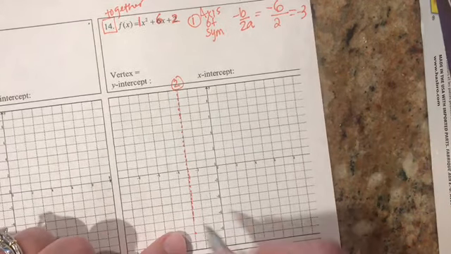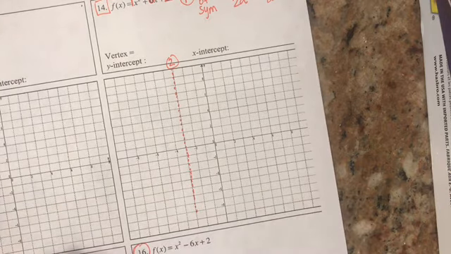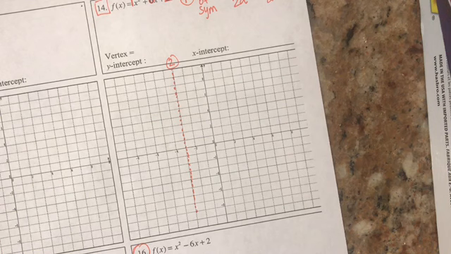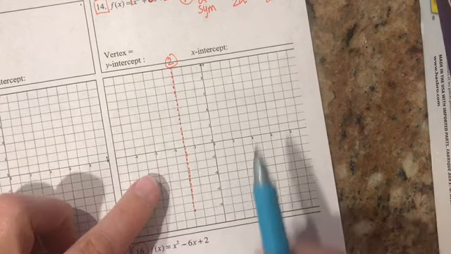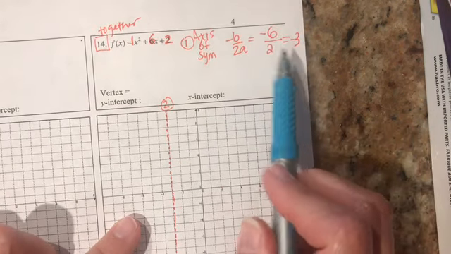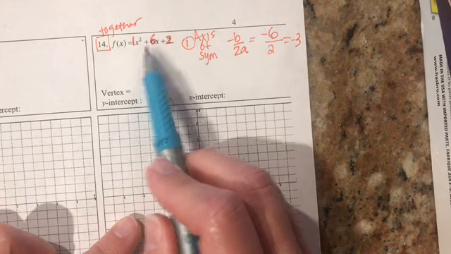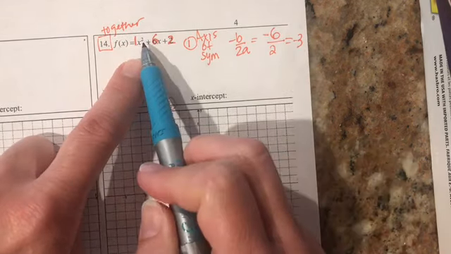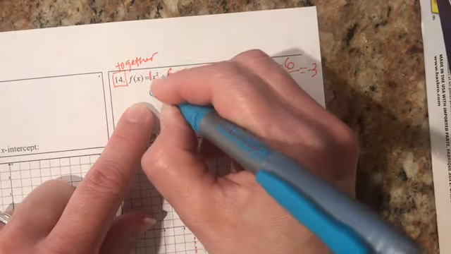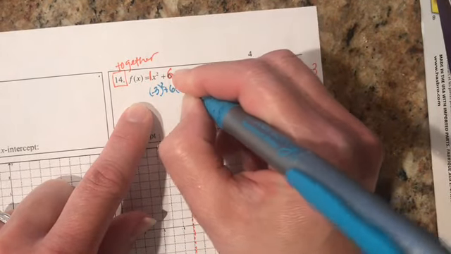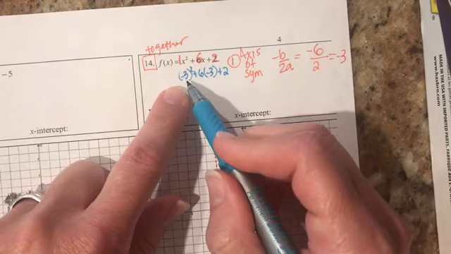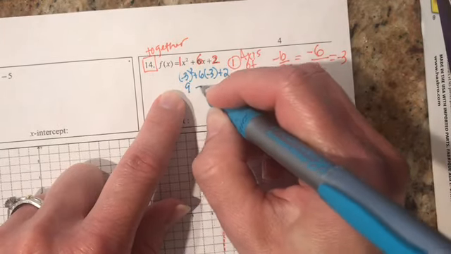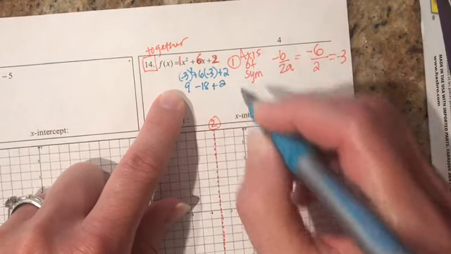Okay, now we're going to find the vertex, and if you want, you can type that into Desmos to find the vertex. You can also take this number and plug it in for x. I'm just going to do that in my head so I don't have to type into Desmos. So negative 3 squared plus 6 times negative 3 plus 2. That'd be positive 9 minus 18 plus 2.